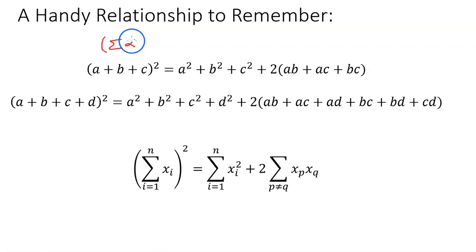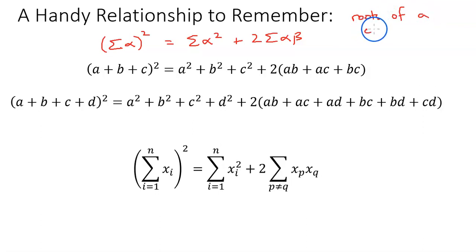The square of the sum of alpha is equal to the sum of alpha squared plus 2 times the sum of alpha beta, where we have roots of a cubic equation that are alpha, beta, and gamma.